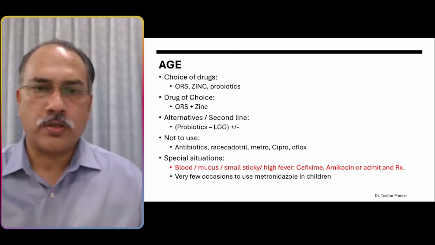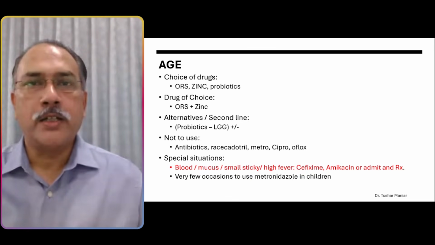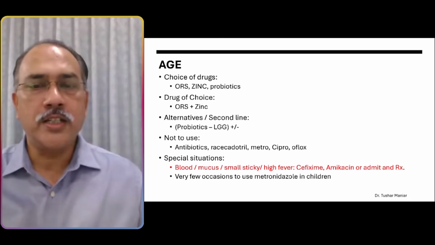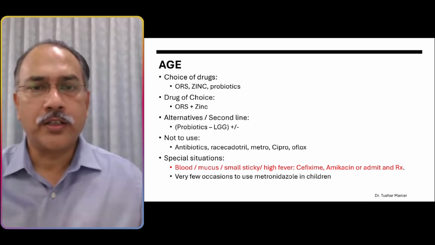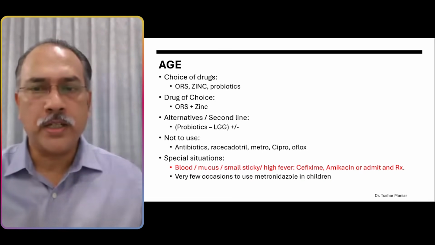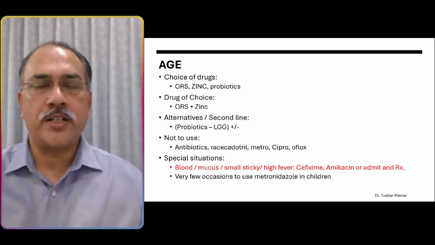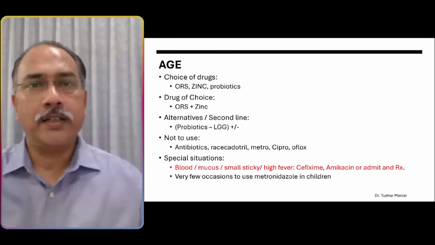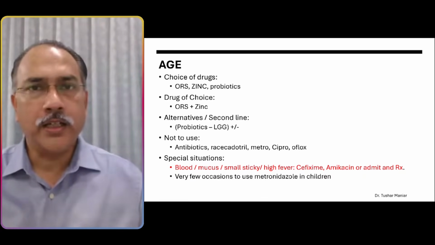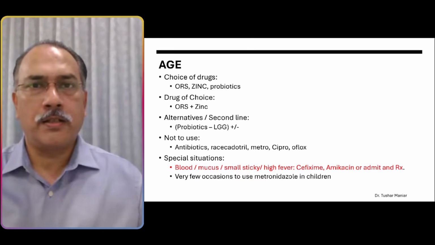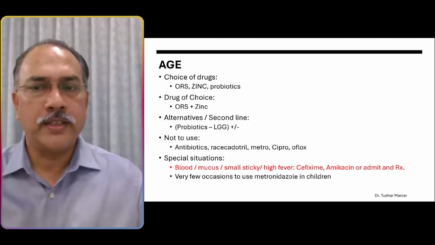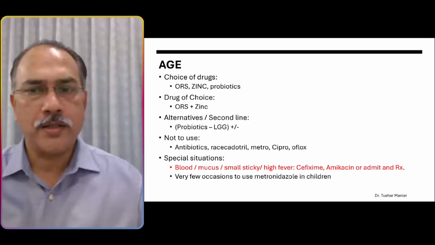So what is the special situation? If you have blood, mucus, small sticky stools, high fever, pain in abdomen, cramping, then you would think in terms of dysentery, which could be by enteroinvasive E. coli, or it can be by Shigella or any other gram-negative organism. And there again, you may use cefixime.